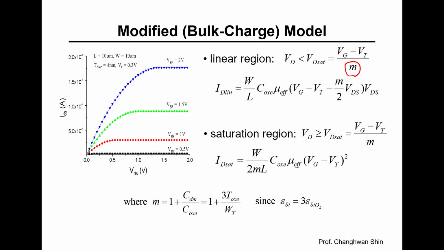If m is 1, the bulk charge model is equivalent to the square law model. m is defined as 1 plus C_D divided by C_ox, which is described with the depletion width as the threshold condition.